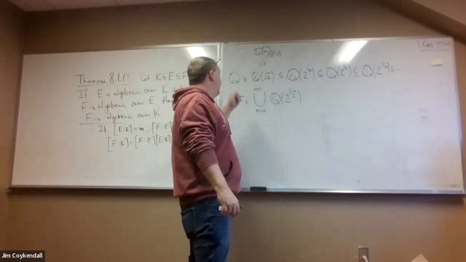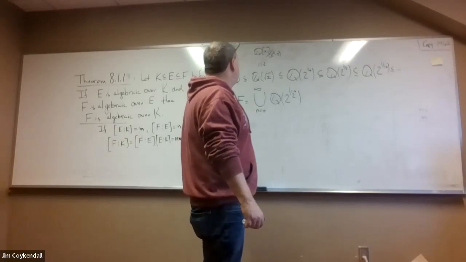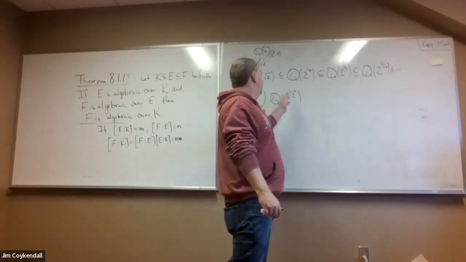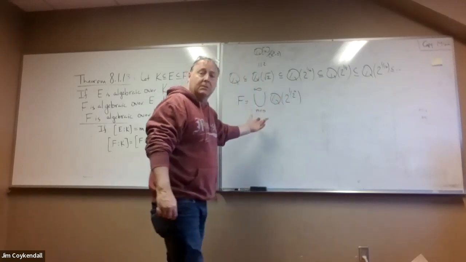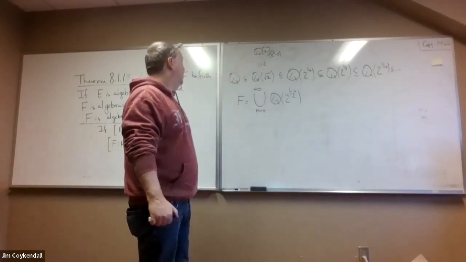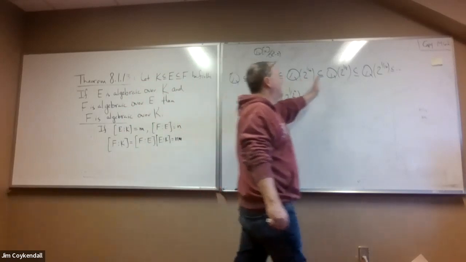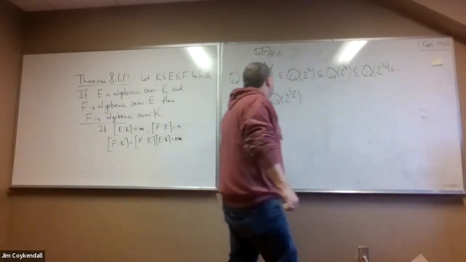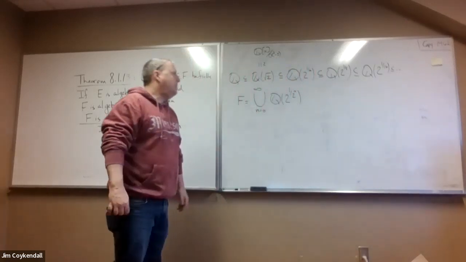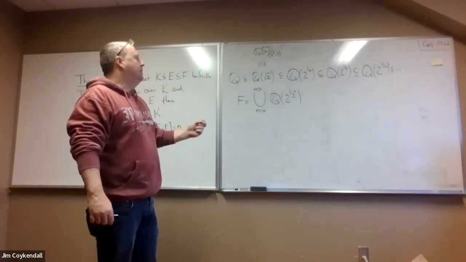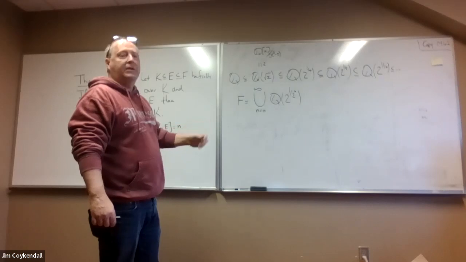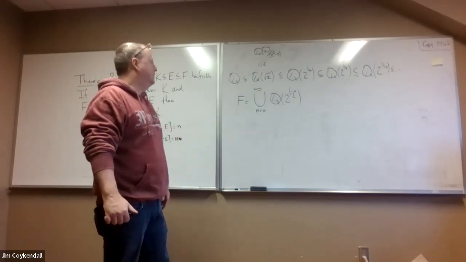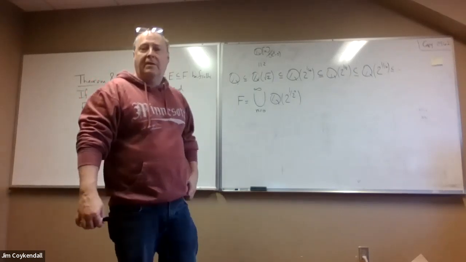So this is an algebraic extension. Every element is in one of these things, so it's algebraic, but it's not finite dimensional because this is a nested chain. In fact, there are elements in this field that have minimal polynomials of arbitrarily high degree. Okay. Everybody okay with that?